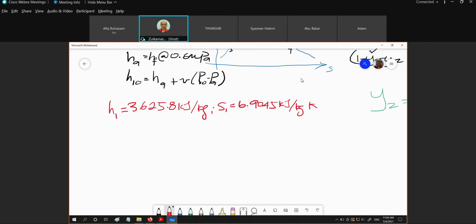We have proven yesterday that state 2 is superheated vapor, so based on P2 and S2 equal to S1, at superheated vapor, by interpolation, you are going to have your H2.